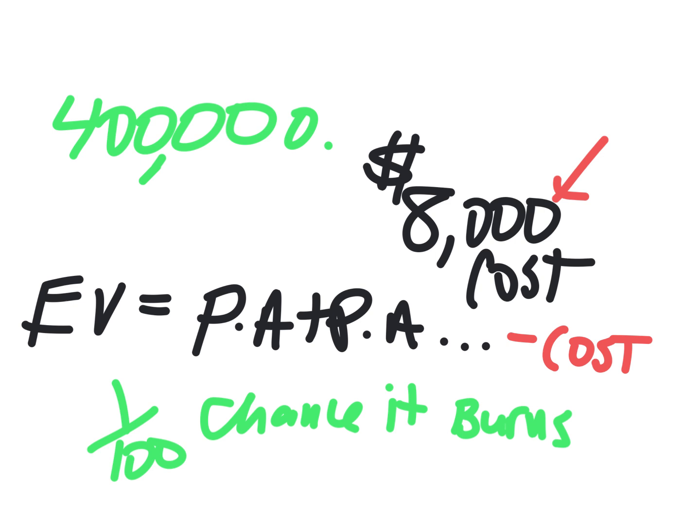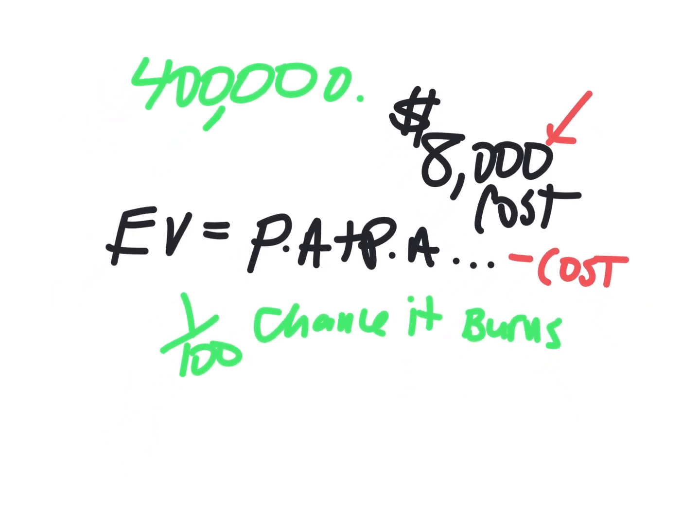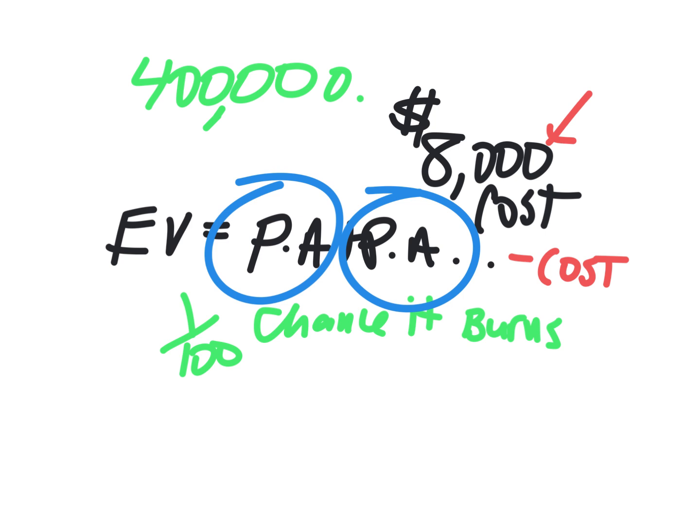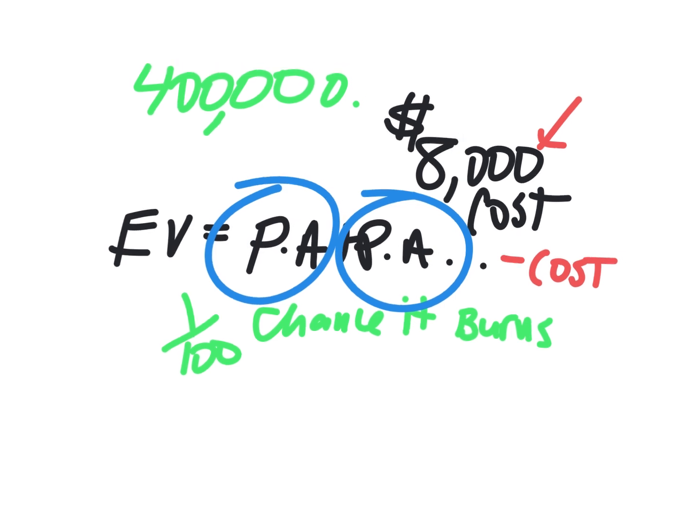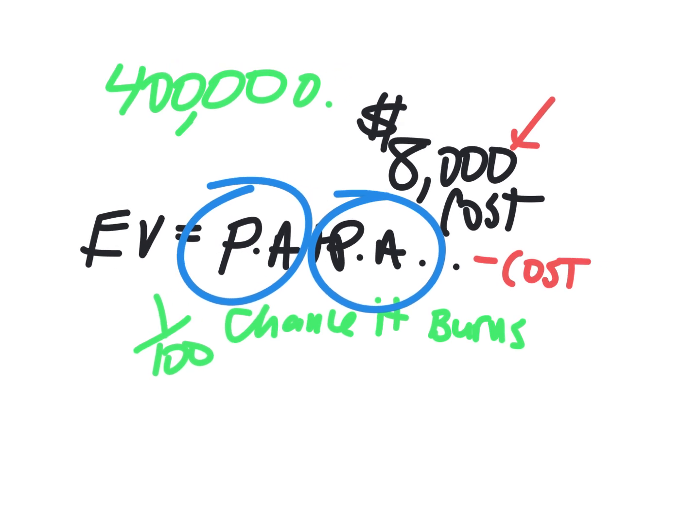Some kids are just going to go 1 in 100 times this, but you got to do both things that could happen. You got to do the P times A and another P times A if you know what you're doing. So good. The insurance is going to pay you $400,000 to rebuild your house if it burns down.